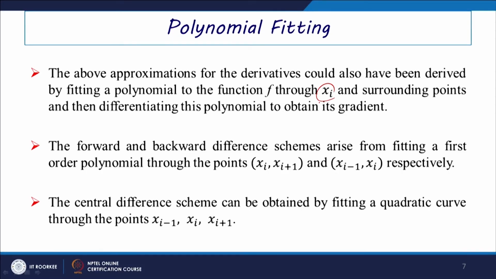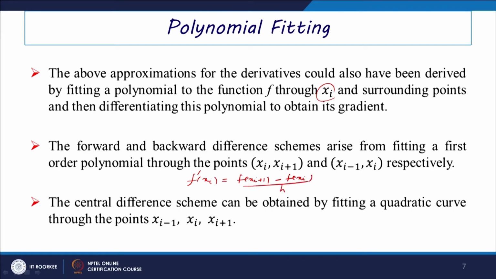The forward and backward difference schemes arise from fitting a first order polynomial through the points xi, xi plus 1 and xi minus 1, xi. In the forward difference formula, at a particular point, f dash of xi can be written as f of xi plus 1 minus f of xi divided by h.